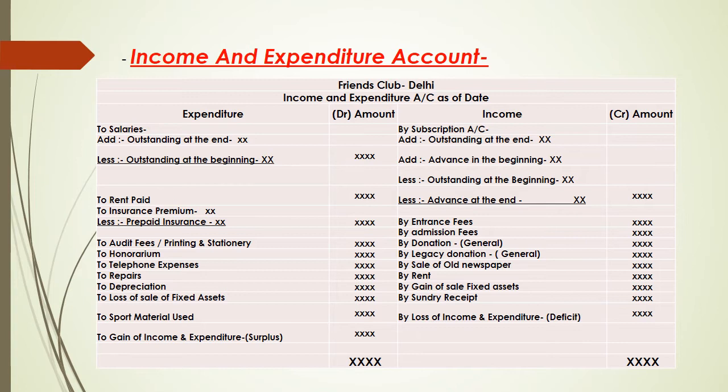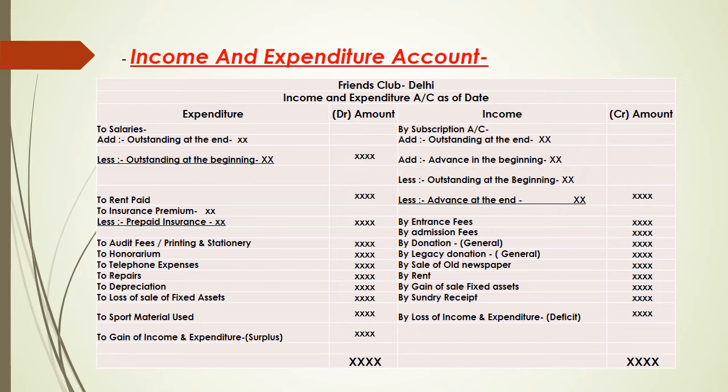Under the income side, the first point is the subscription account. Subscription is the main income of any NPO, and it is received by the organization from the members. It is of nominal nature and is a revenue receipt.